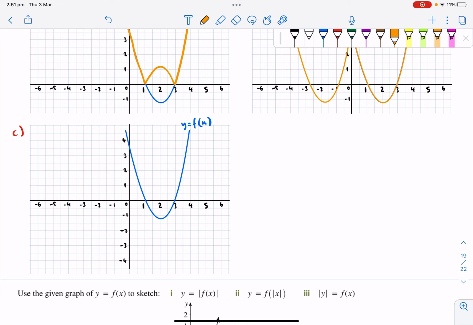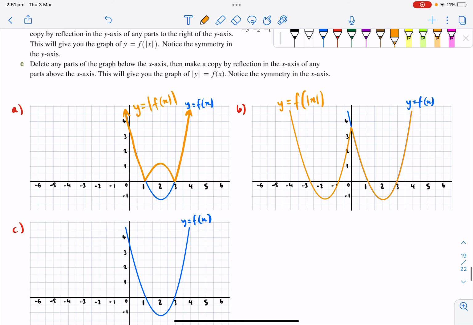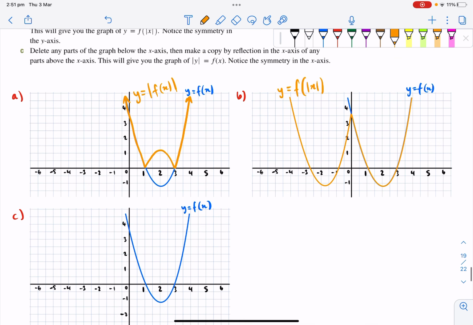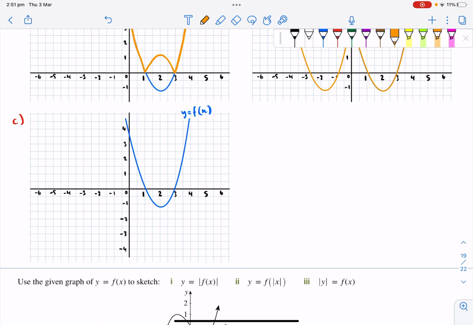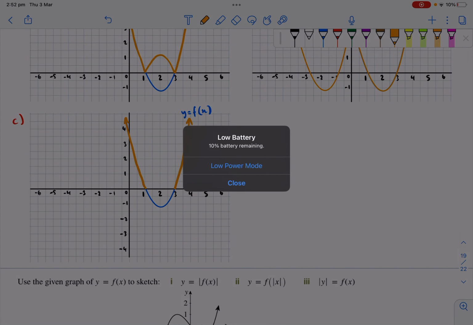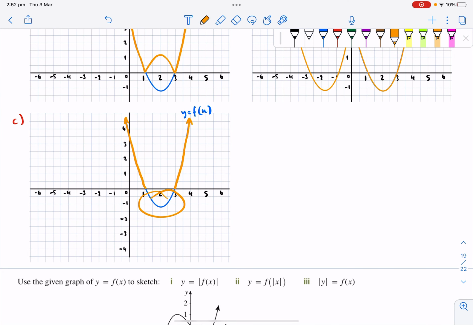All right, so again, with absolute value of y equals f(x), the rule was telling us we keep everything above the x-axis. We delete this part, and then we reflect the same graph below.